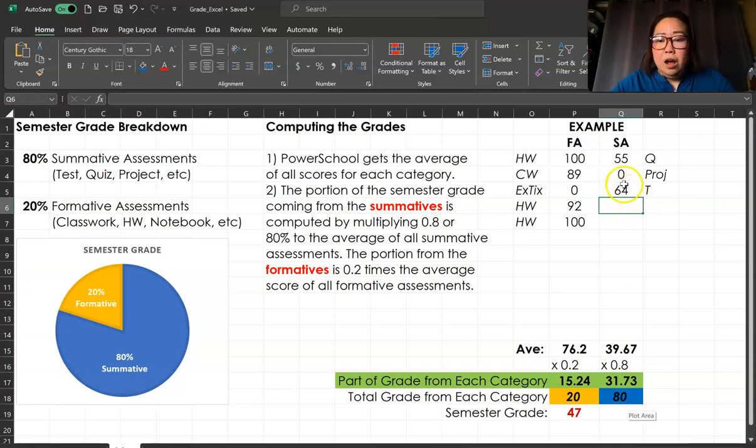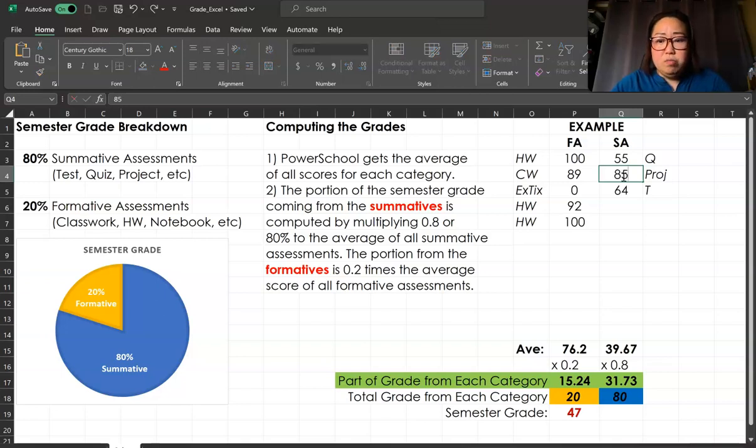All right, this missing project, this is very doable. It's from a 0. As soon as, let's say, it was turned in late and got some deductions, any deduction is still way better than a 0. So let's say it has a grade of 85.